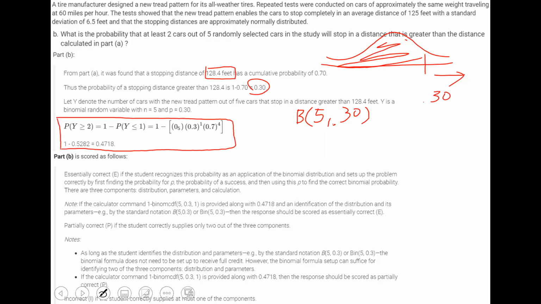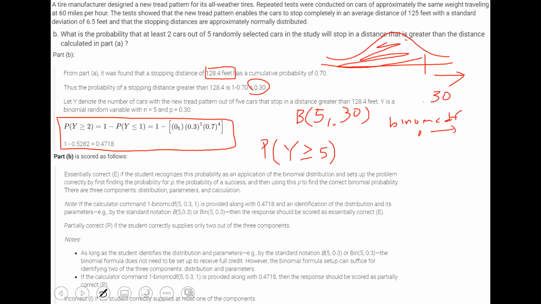I think this is the part that you guys get confused a lot. When do we subtract from 1 and when do we not? I think one tip would be to write out what it says. It says at least 2 cars will stop in distance greater, right? But then we know that binom CDF only calculates from 0 to whatever.